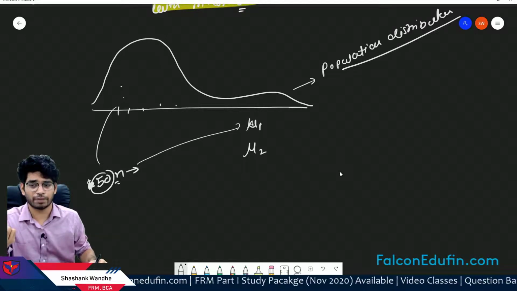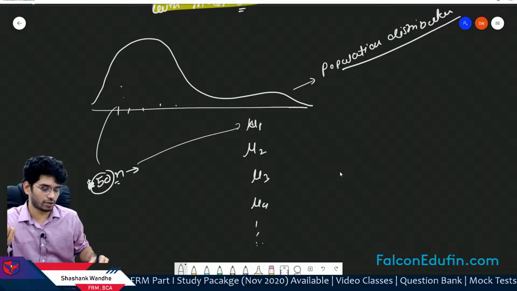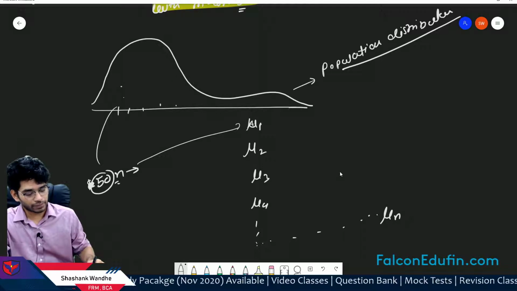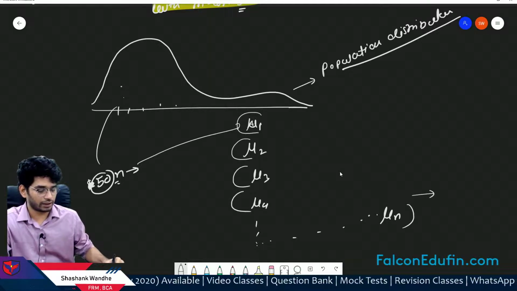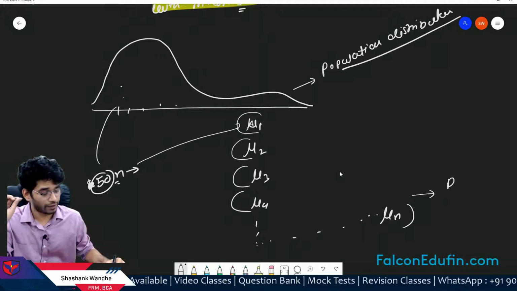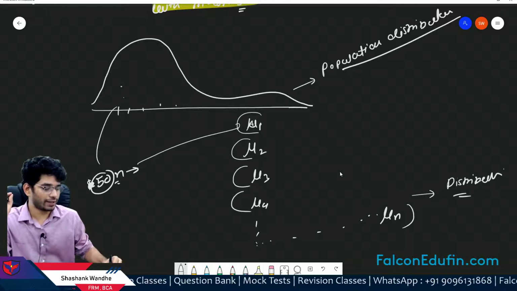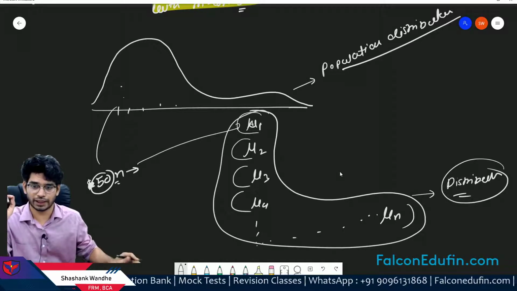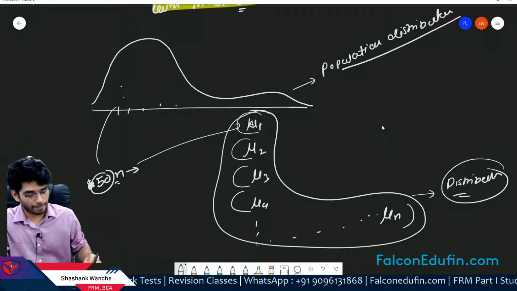Then for the second sample mu2, for the third sample mu3, for the fourth sample mu4, and so on till you get the last sample mean mu-n. Then we will build the distribution using all these means, right? So if you do this, see what will happen.